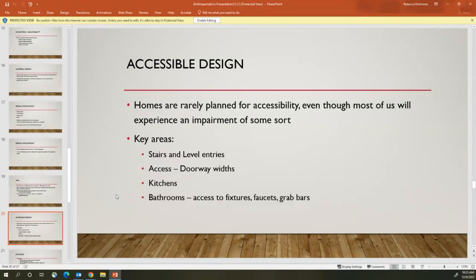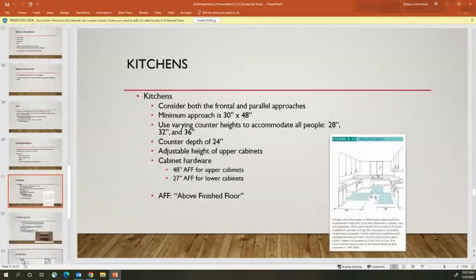Again, these are not monitored by ADA, but this is where it's important as you're designing to keep it in mind. So with kitchens, knowing the heights of items and how they can access things as they go through it. And then bathrooms, making sure they have access to fixtures, grab bars, faucets, so they can easily move throughout that space.